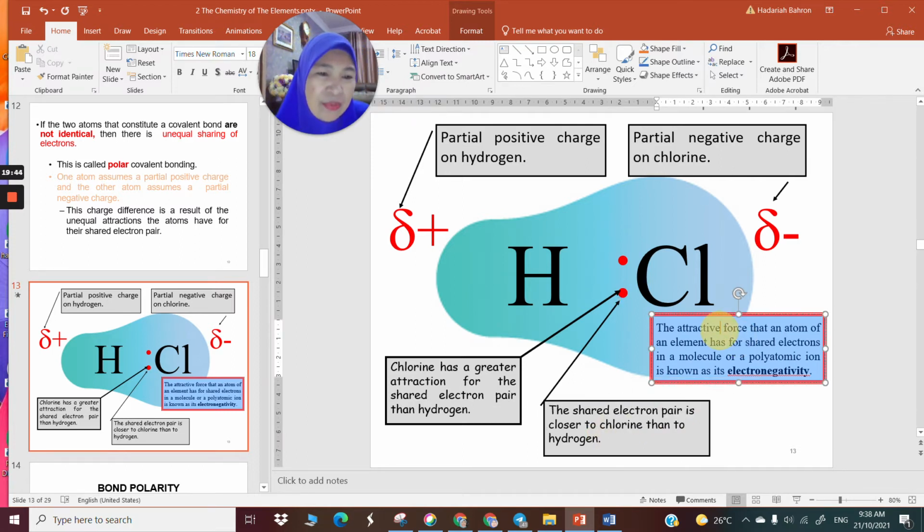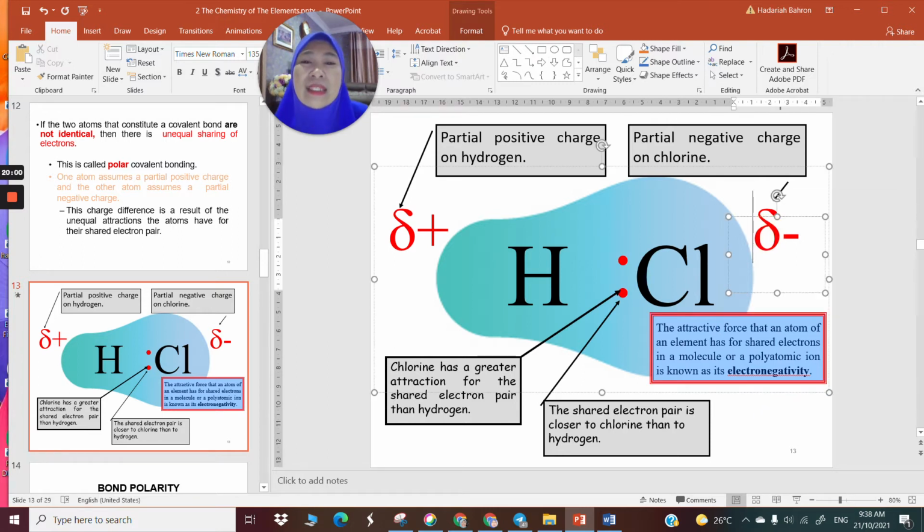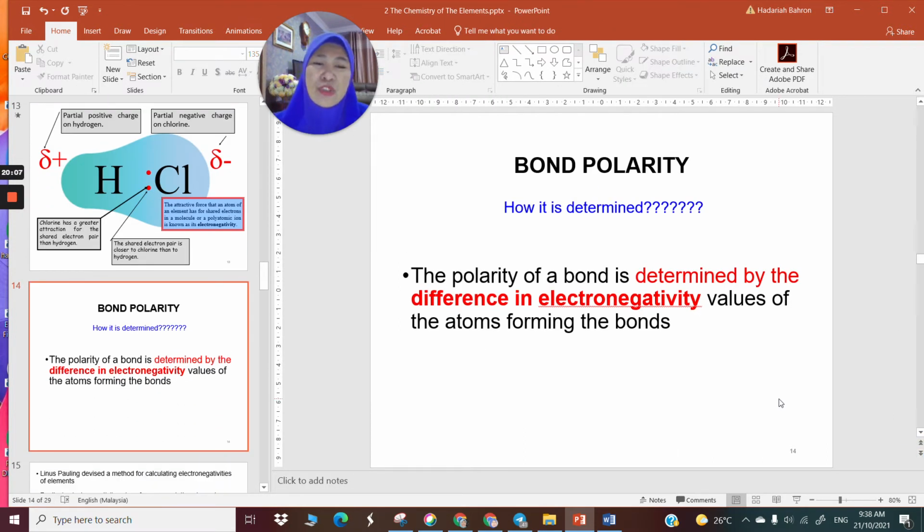So the attractive force that an atom of an element has for the shared electron in a molecule of a polyatomic ion or polyatomic molecule is known as electronegativity, and it causes this partial negative and partial positive, and the bond is said to be a polar bond. I'm sure that concept is not alien to you.